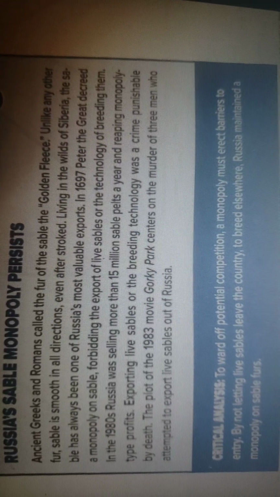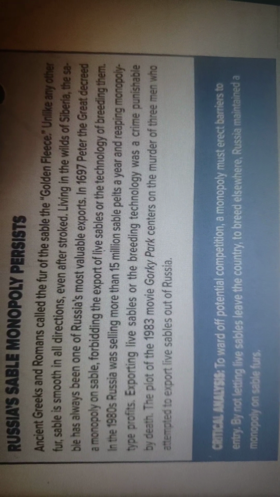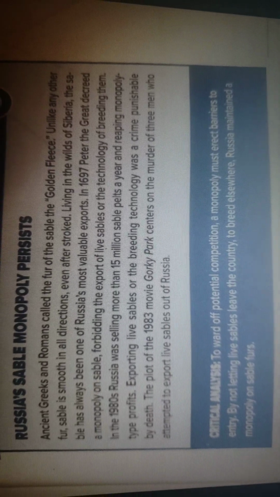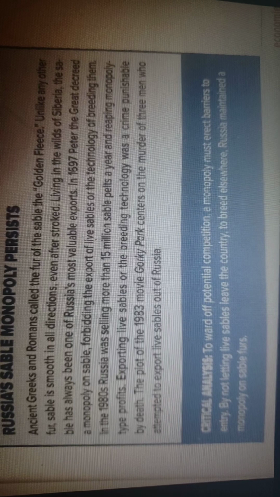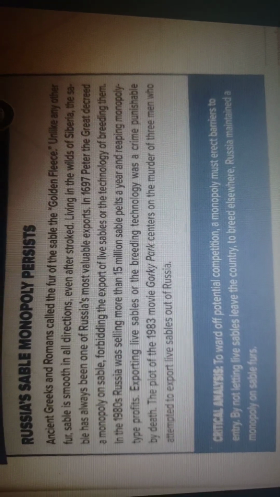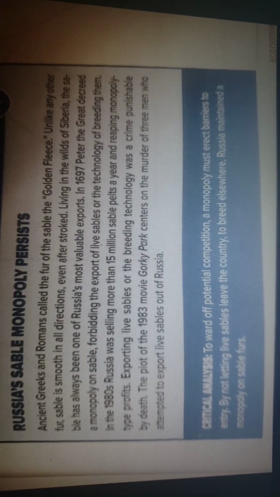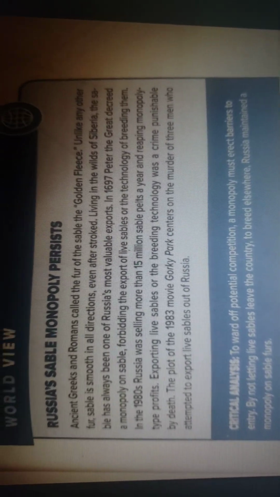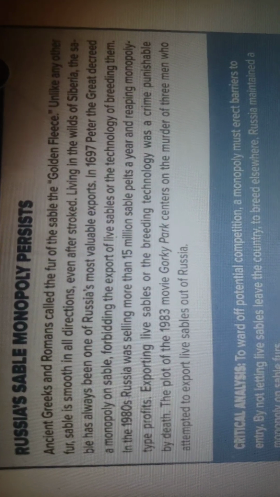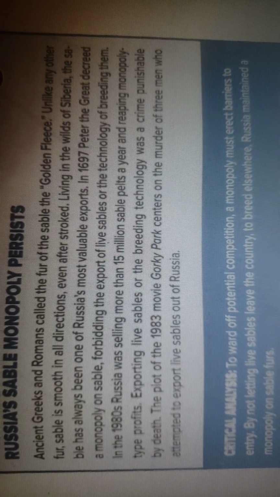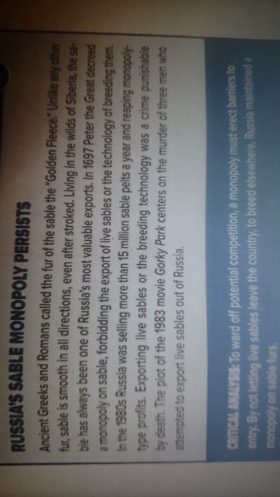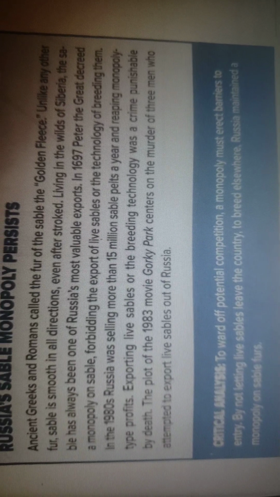Ancient Greeks and Romans called the fur of the sable the golden fleece. Unlike any other fur, sable is smooth in all directions, even after stroking. Living in the wilds of Siberia, the sable has always been one of Russia's most valuable exports. In 1697, Peter the Great decreed a monopoly on sable, forbidding the export of the live sable or the technology of breeding them.